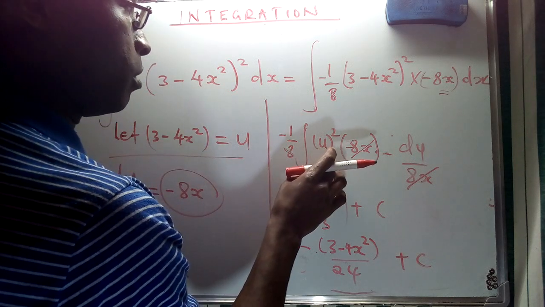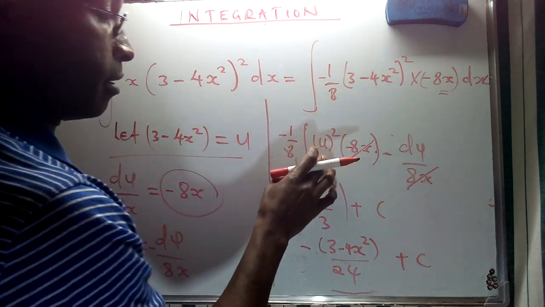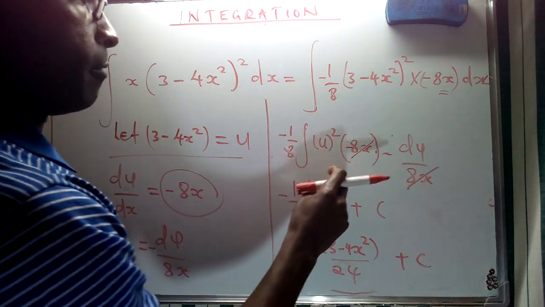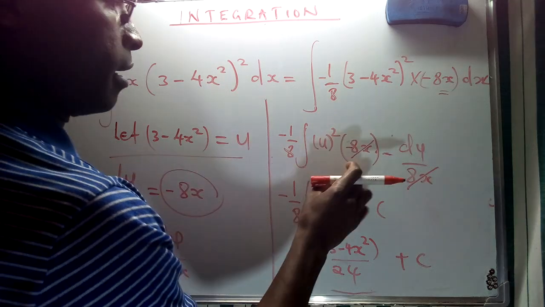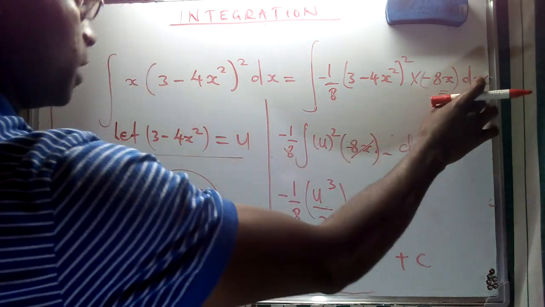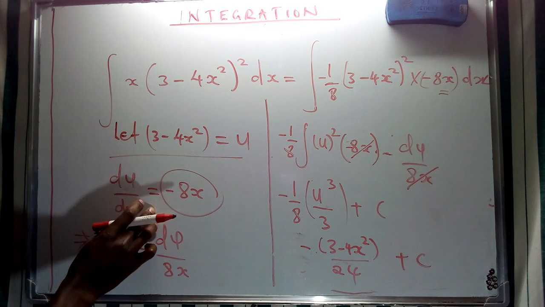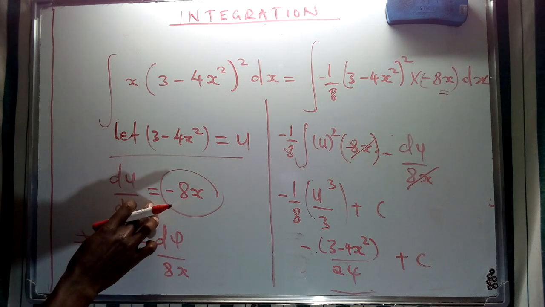So in trying to do this, we're going to substitute this in brackets in terms of u, and therefore this is going to be negative 8x, and then for the value of dx, we had said that we can derive dx from this specific relationship.